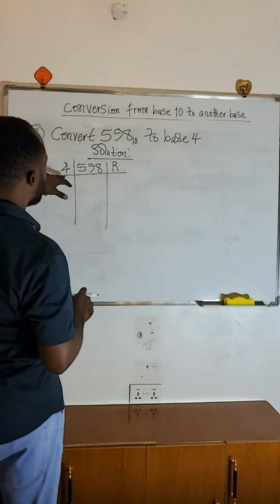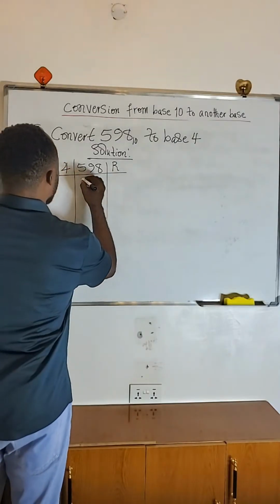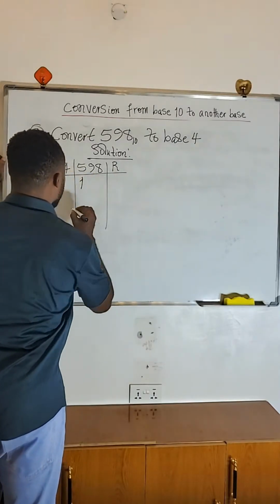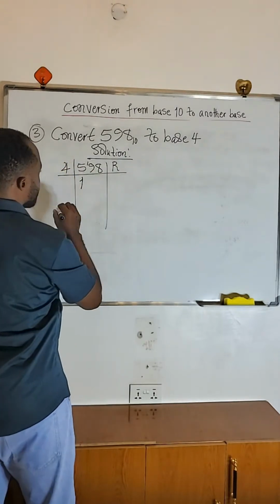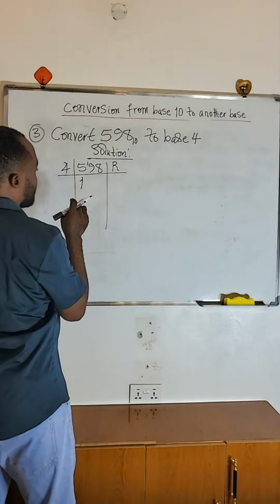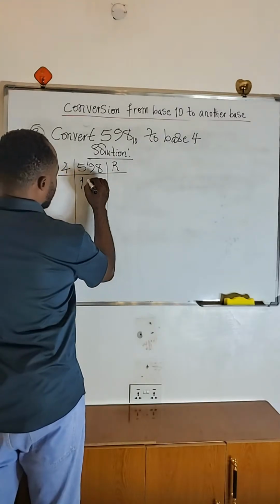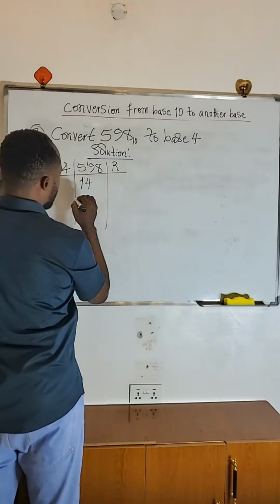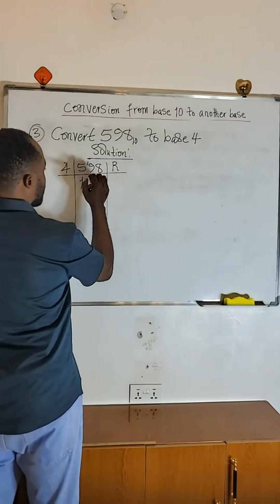Now let's go. 4 goes into 5 one time. Once, 1 remains, you add that 1 here. 4 goes into 19 how many times? 4 times, which is 16. 3 remains.